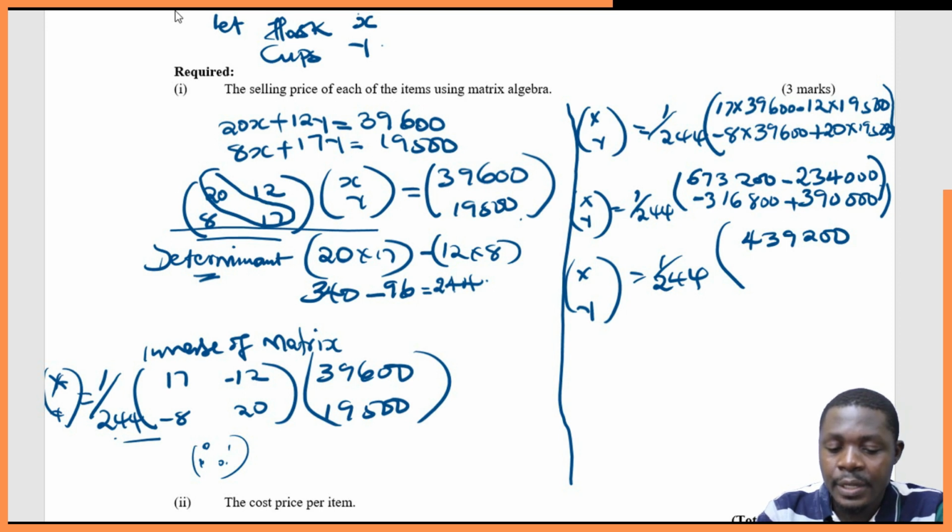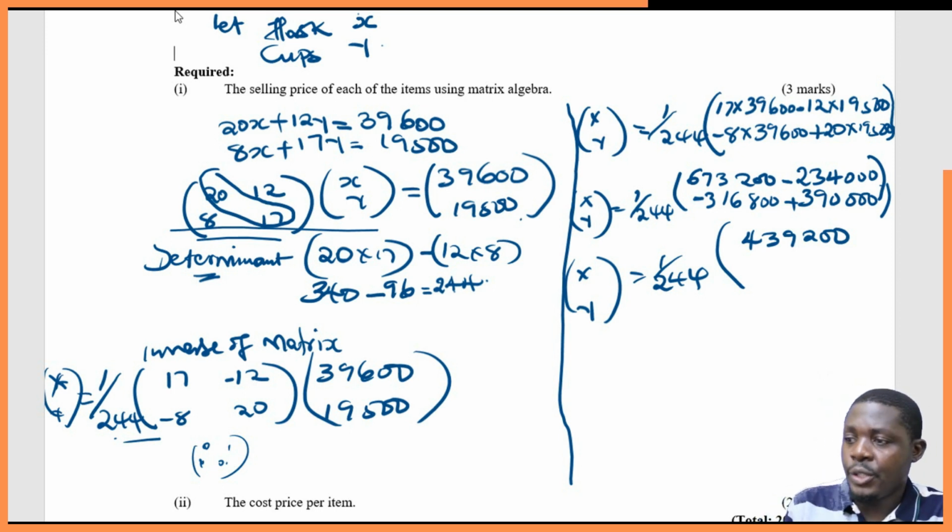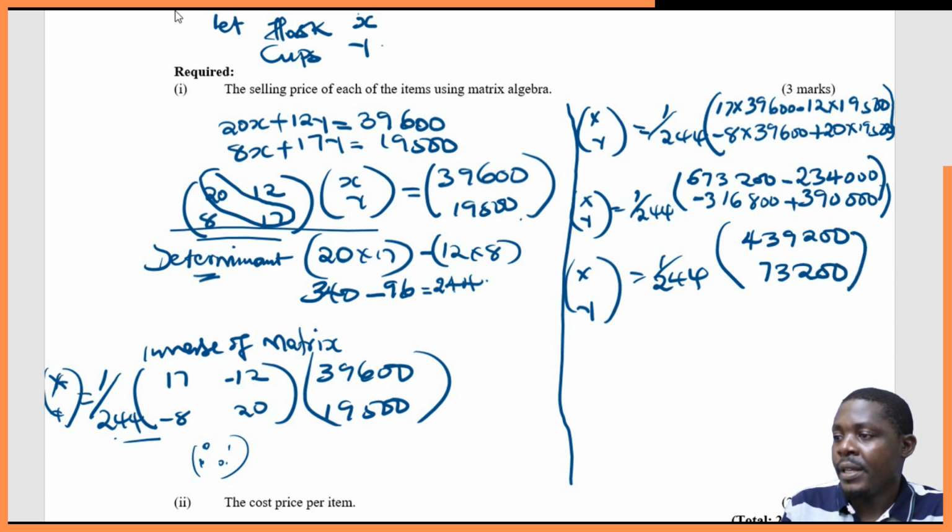Then we have negative 316,800 plus 390,000, that is 73,200. Now at that point we can just divide to get the value of x and y.